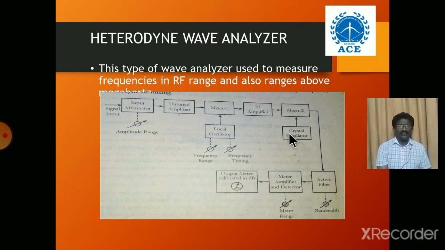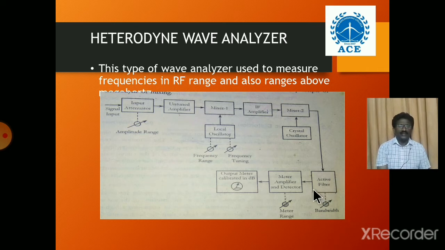The active filter has adjustable bandwidth and symmetrical slopes, which allows the selected component through to an amplifier and a detector whose output can be read by a decibel calibrated scale.